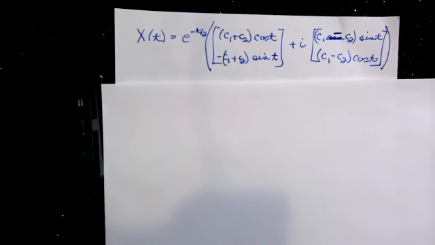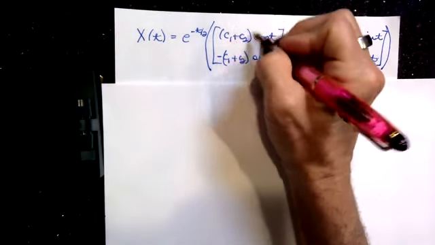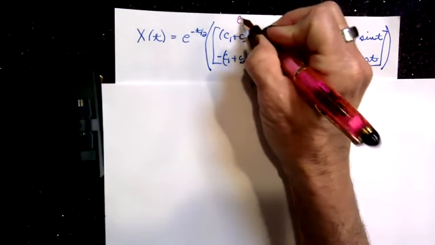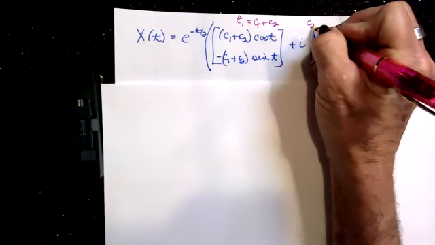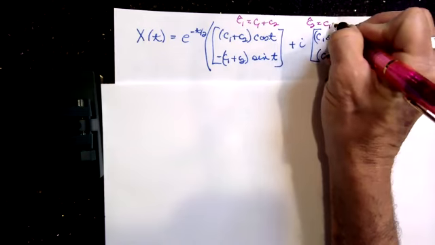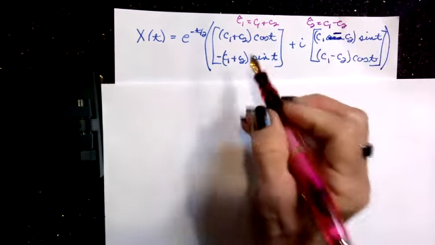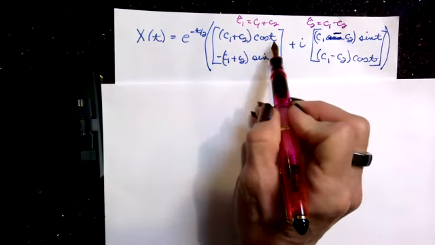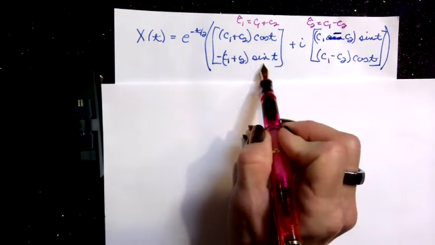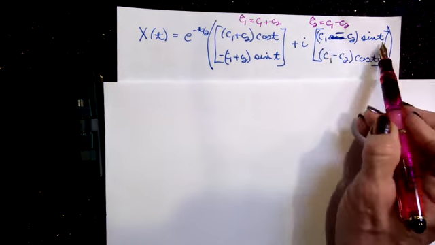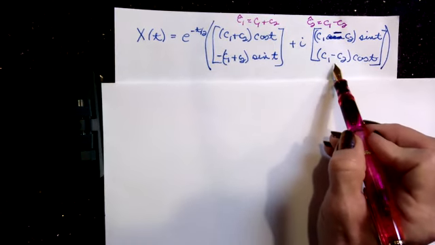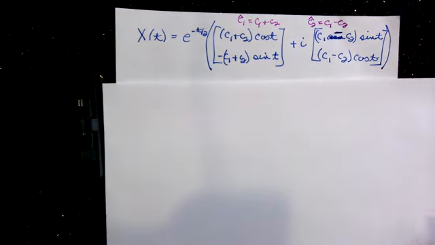And so notice that you have the same constant. If you like, you could call C1 plus C2 C1 hat, and then call C1 minus C2 C2 hat. So you have C1 hat cosine t minus C1 hat sine t, and then here you have I C2 hat sine t, I C2 hat cosine t.